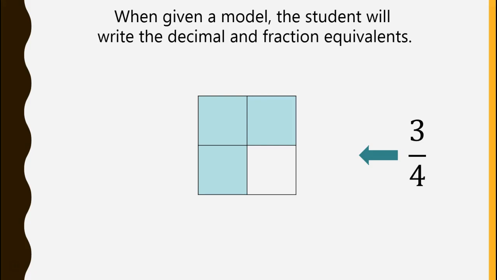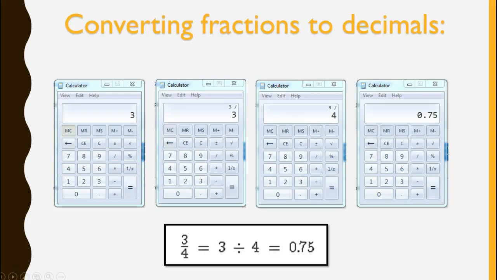You can see that this model here has 4 total pieces and 3 are shaded in, so we know already that that is 3/4, right? In the last video, we learned that we can convert that fraction to a decimal by using our calculator.